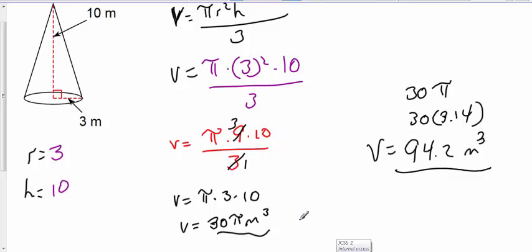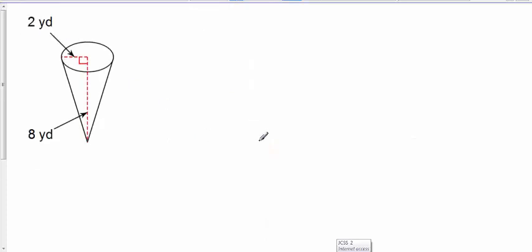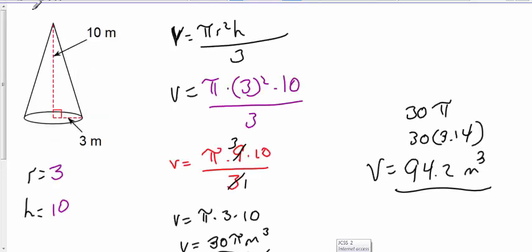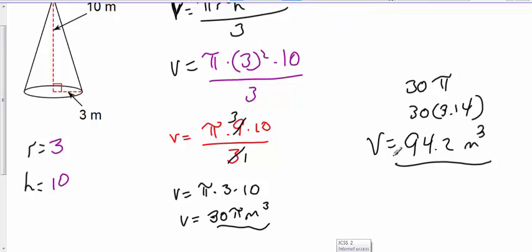Okay, so there's our two answers. You've got the volume represented in terms of pi being calculated, and then in terms of pi. So that concludes the second or third one.